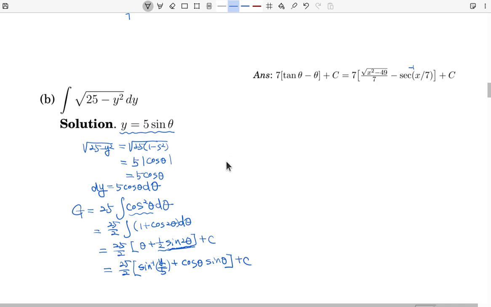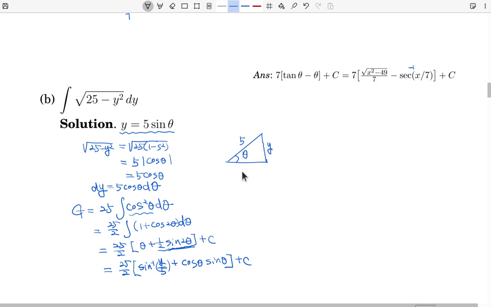Let's draw the reference triangle. For that one, here we choose this as theta. And then sine theta is y over 5, so that is y and 5, and this y, right?